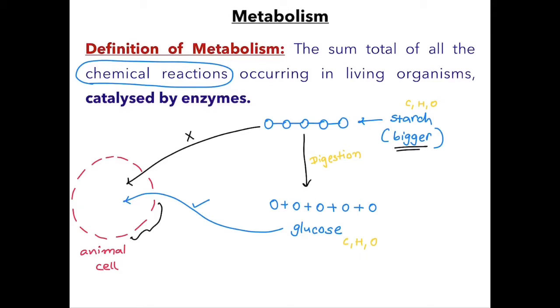Because we are consuming this carbohydrate, meaning this kind of chemicals in our food, and during digestion they are going to be broken down into other smaller chemicals so that our cell can absorb it. This kind of reactions are called chemical reactions. So I hope that now you understood the definition of the metabolism. The digestion and cell respiration are all considered as the chemical reactions which are occurring in the living organism, right?